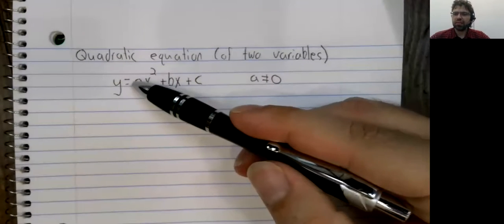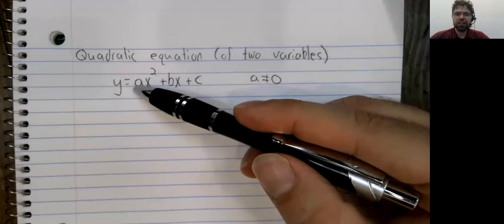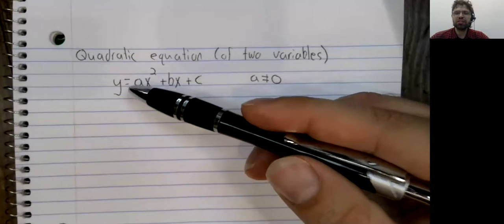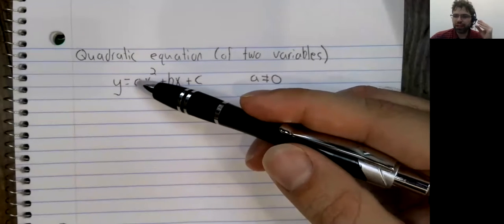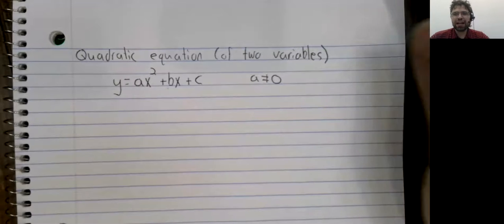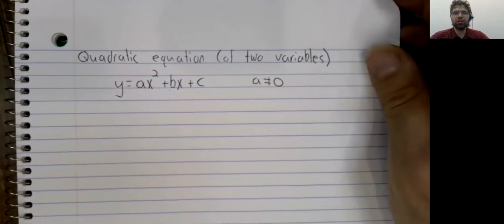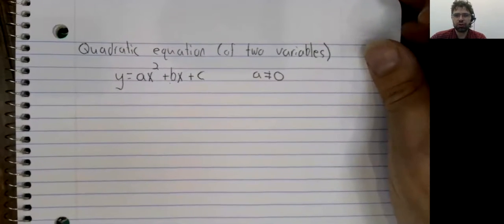So this needs to be here. It's what makes this equation quadratic instead of linear.